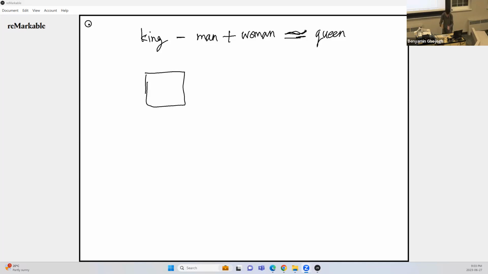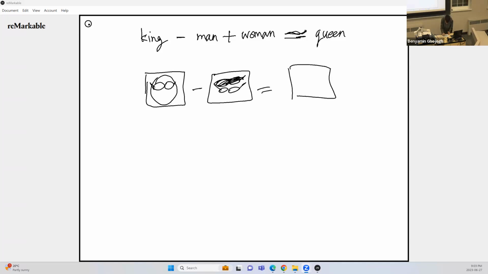In the latent space, they considered the point corresponding to a man with glasses. They also found the point corresponding to glasses. Then they subtracted this, and it was almost equal to the point corresponding to that man without glasses.